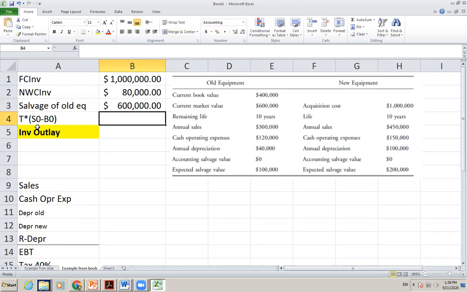And now we need to tax. Salvage value old minus book value old, and it should be taxed the amount. So what we do, the tax rate is 30% times 600,000 minus book value 400,000.